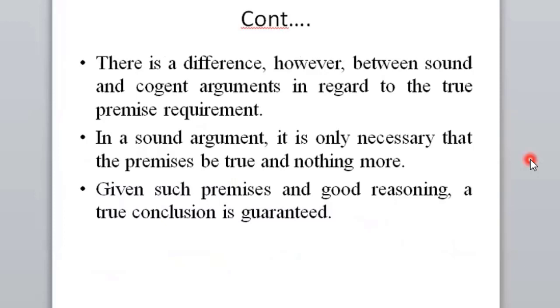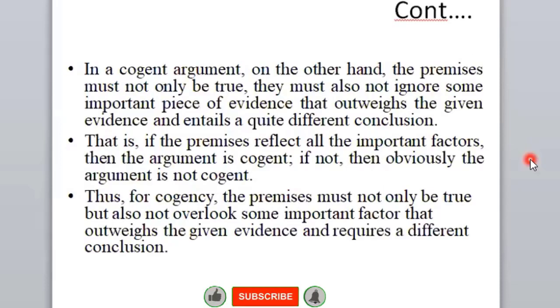But there is a difference between sound and cogent arguments in regard to the truth requirements of the premises. In sound arguments, it's only necessary that the premises are true and nothing more. Given that the premises are true and the reasoning is good, the conclusion is guaranteed. Whereas in the case of a cogent argument, the premises must not only be true, as is the case in sound deductive arguments.